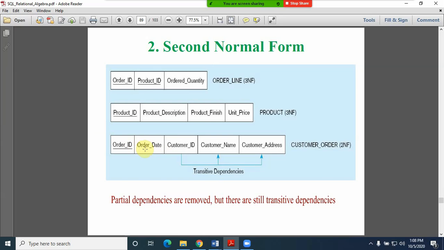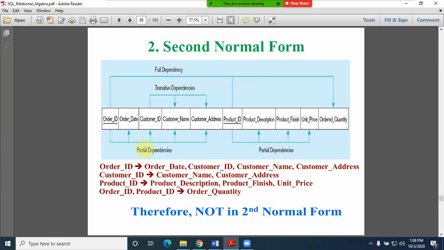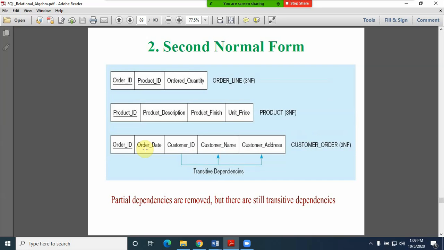Now if you compare the earlier table with the current tables, the earlier table had partial dependencies. By splitting into three tables rather than one, those tables now satisfy the second normal form.